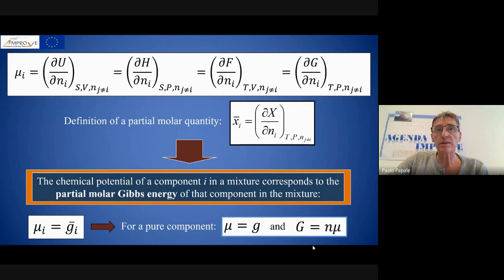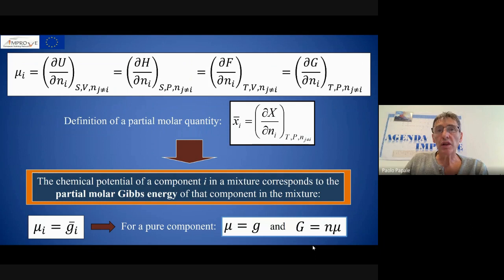For a pure substance, that is, for a substance made of only one component, such as pure water or pure silica and so on, molar quantities and partial molar quantities coincide. Therefore, for a pure component, the chemical potential corresponds to the molar Gibbs energy.